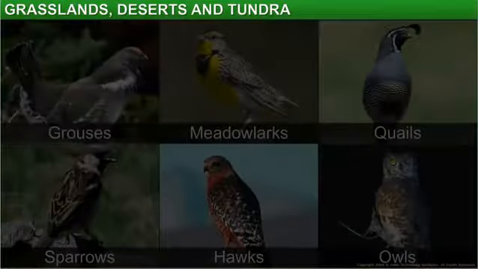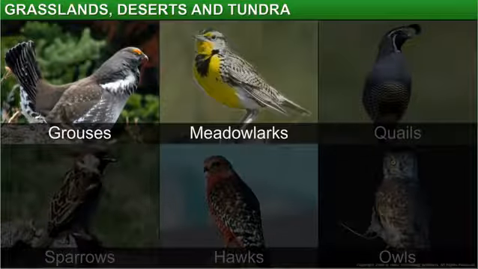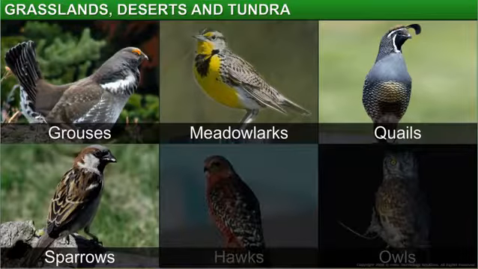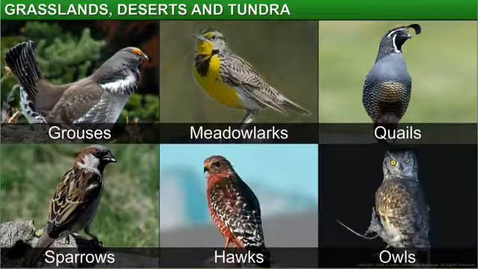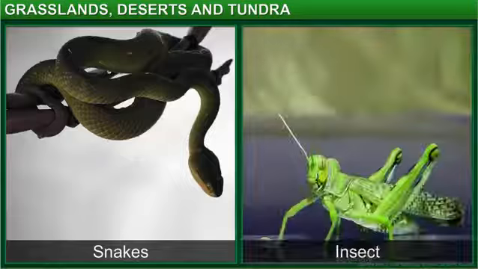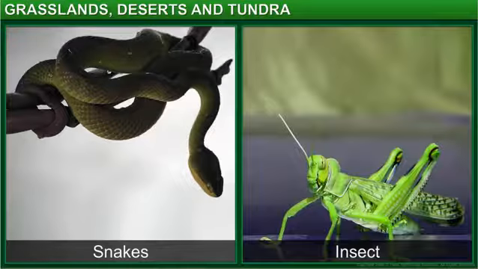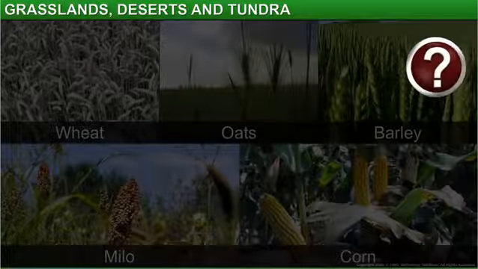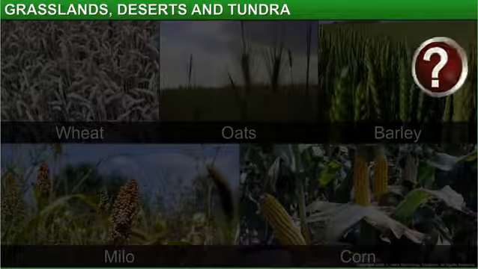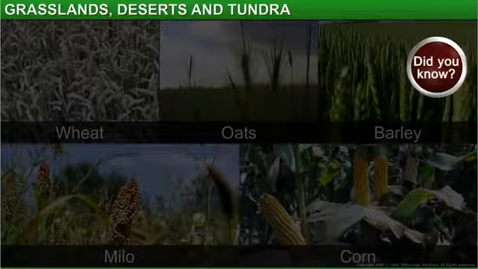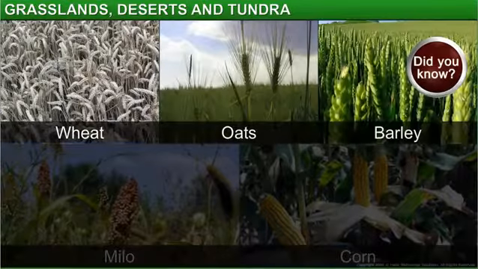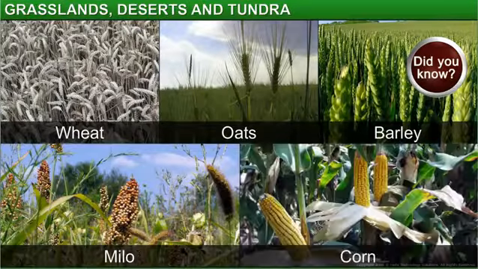You can also find birds like grouses, meadow larks, quails, sparrows, hawks, and owls, and snakes and insects in temperate grasslands. Did you know that the soil of temperate grasslands is very fertile? That is why grasslands are major farmlands for growing cereal crops such as wheat, oats, barley, milo, and corn.